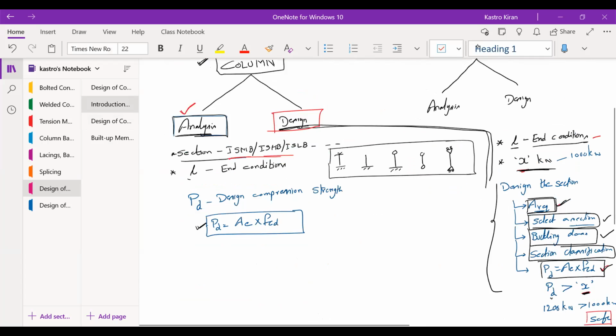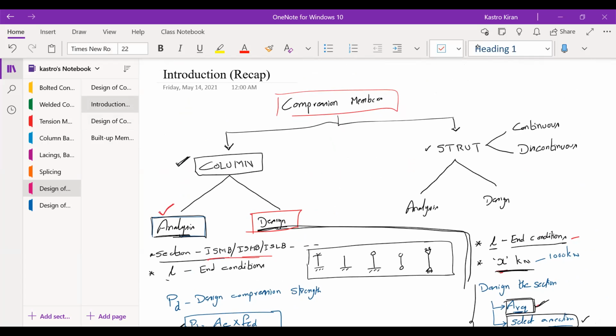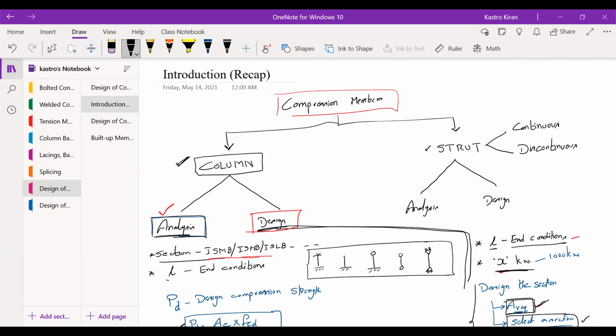Here I was telling that the design of column consists of two sections. One is the analysis part, and the second one is the design part. We are also done with the design part. We have an additional part, which is the third part. The first part is analysis, the second part is design, and the third part is built up sections.